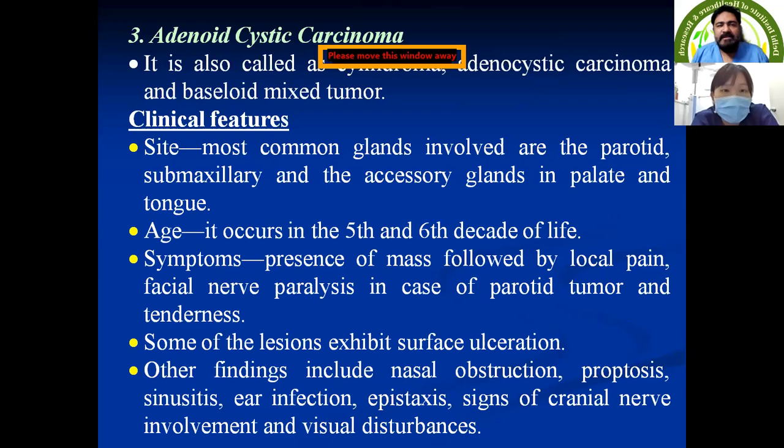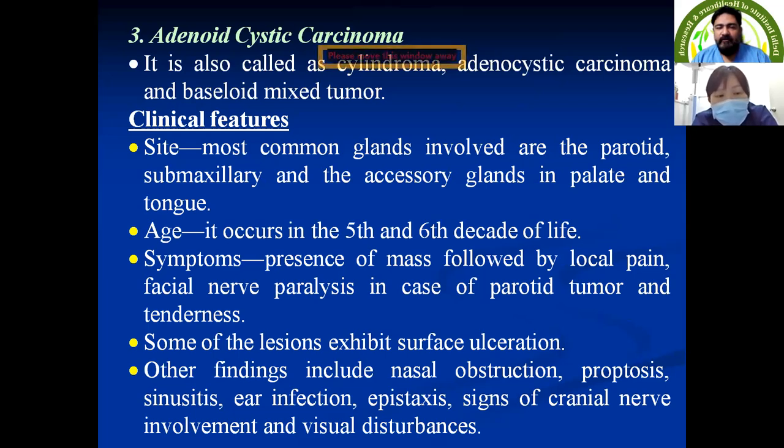Now, adenoid cystic carcinoma, also called the basaloid mixed tumor or cylindroma. Clinical features: the most common glands involved are parotid gland, submaxillary, and accessory glands in the palate and tongue.